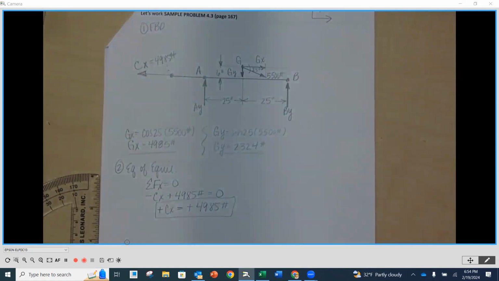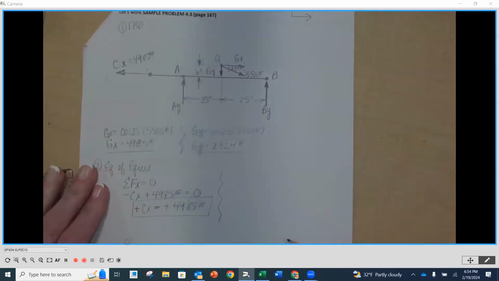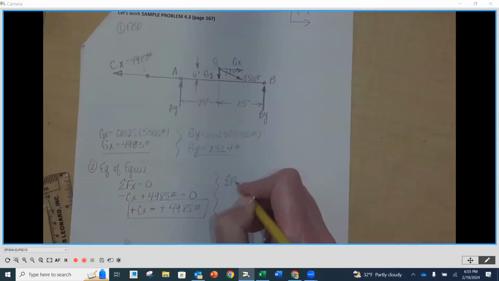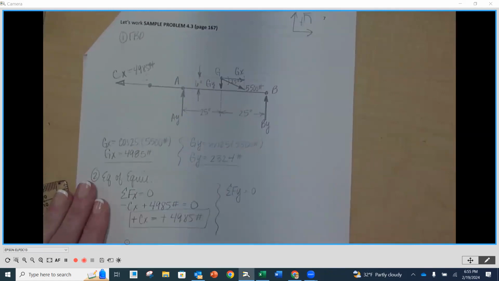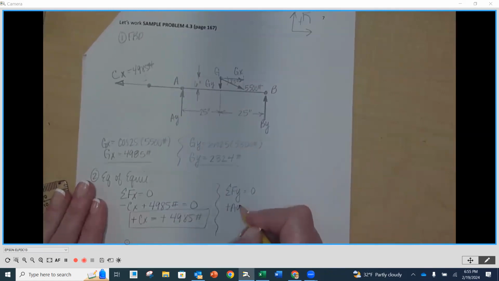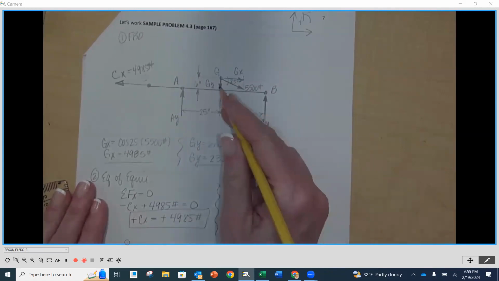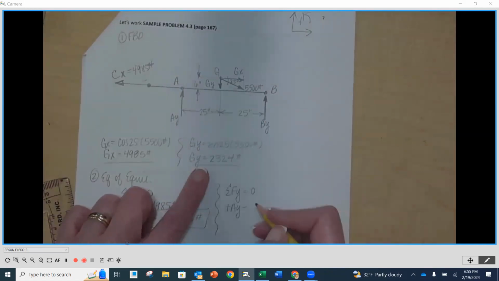Now what do we want to do? Two more. Sure, let's do sum the forces in the Y. I'm going to do it right next to this over here. So sum our forces in the Y direction equal to 0. We've got a positive AY, it's going up, a minus GY that we know to be 23.24 pounds.